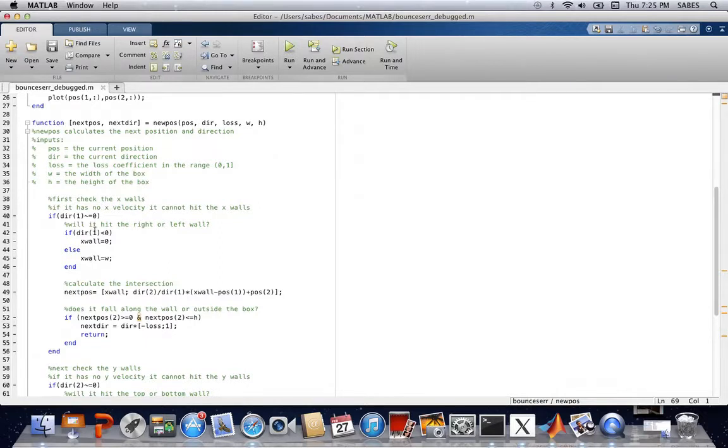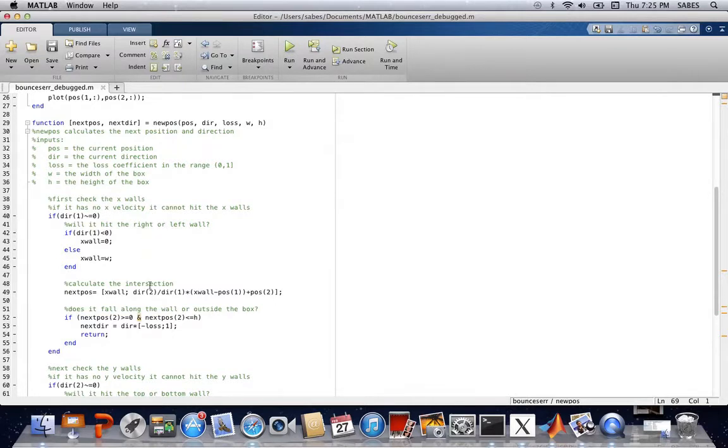And then, if we read through these comments, I'm going to rush through it, but essentially we are trying to find first which wall it's going to hit. If you look at it, there are two walls parallel to each of the x-axis and y-axis.